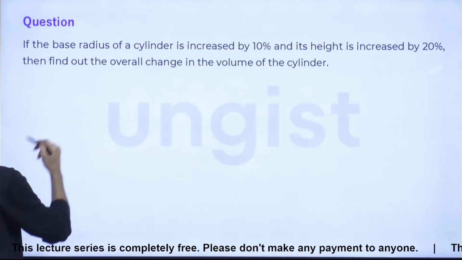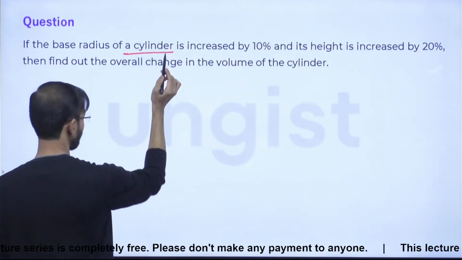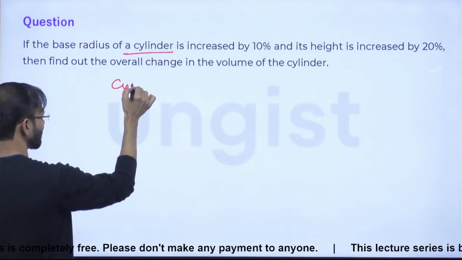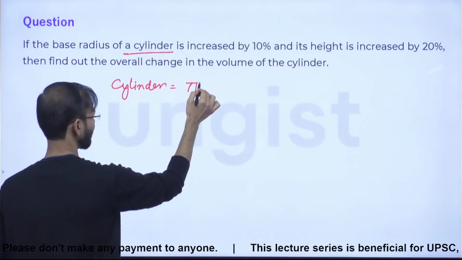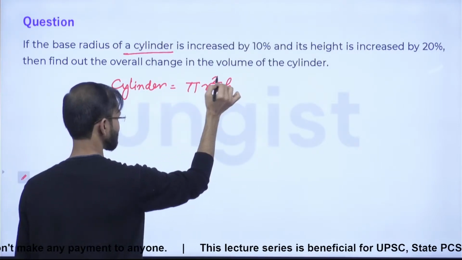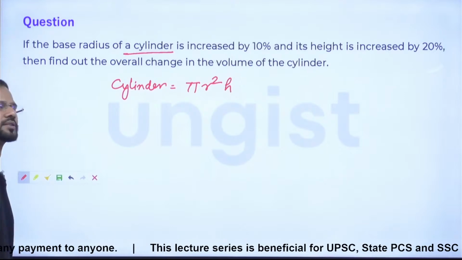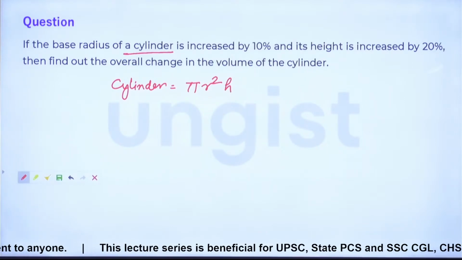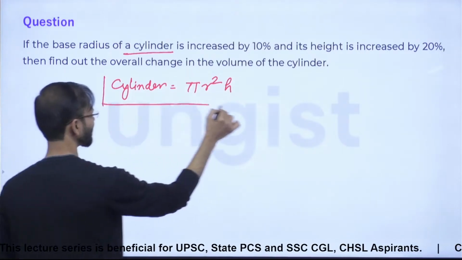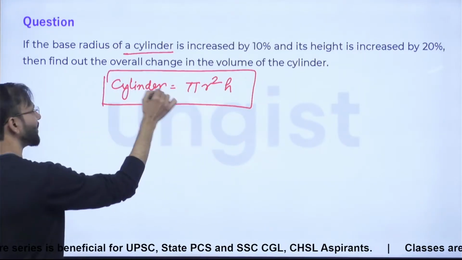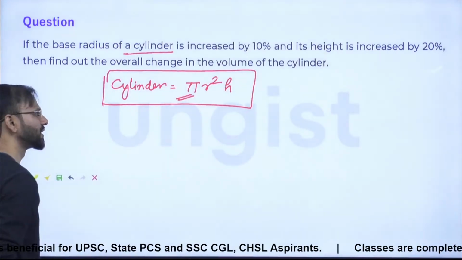मुझे ये बताइए, this question is talking about a cylinder. What is the volume of the cylinder, guys? Pi r square h. Do you know this or not? So this is the volume of a cylinder, right? Here pi is the constant term.